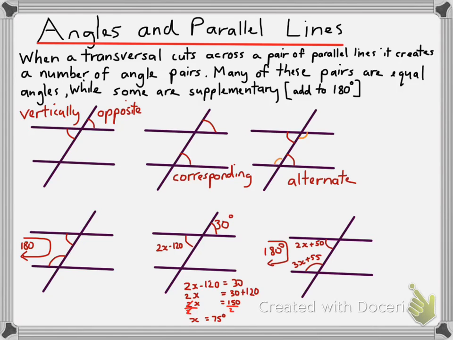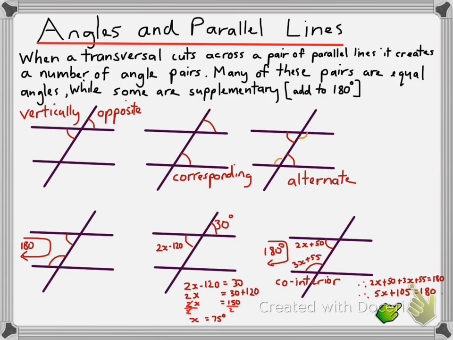The next example, we've got two angles which are co-interior. That means they must add to 180. So we add up the 2x plus 50 and the 3x plus 55 and put it equal to 180. We can simplify the left hand side of that equation. The 2x and the 3x make 5x, and here the 50 and the 55 make 105.